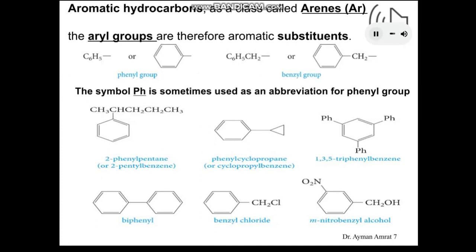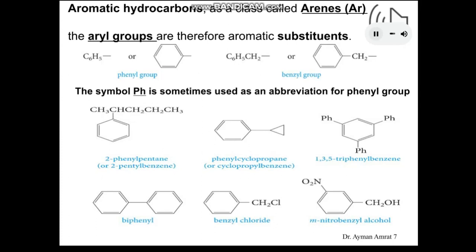For 2 benzenes bonded to each other, it is called biphenyl. This phenyl and the second phenyl, so biphenyl, is the name of this compound.